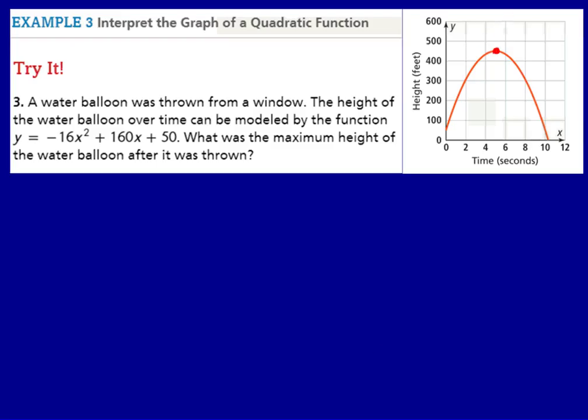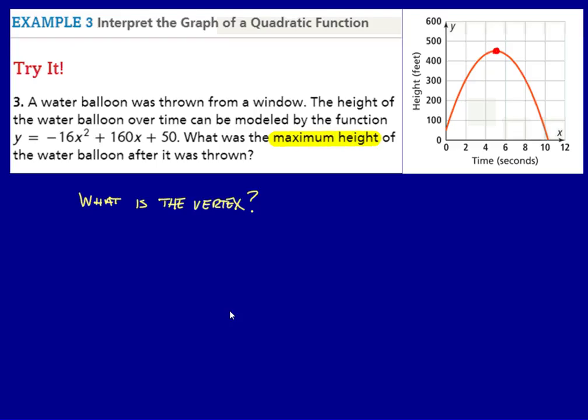We know that as the vertex. So this is really asking, what is the vertex? All this nice big word problem is basically just saying, what's the vertex? What is the maximum height? Means, what is the vertex?